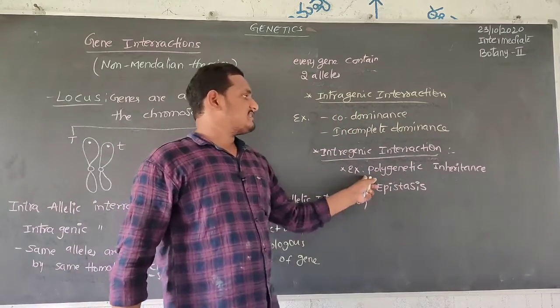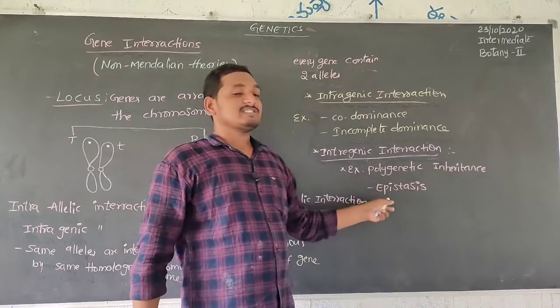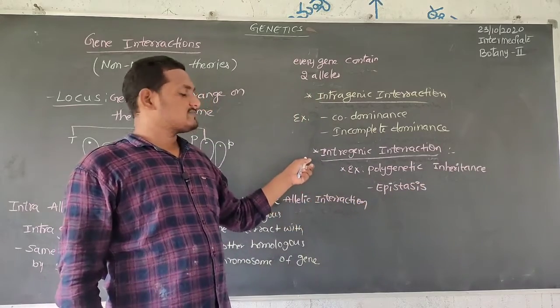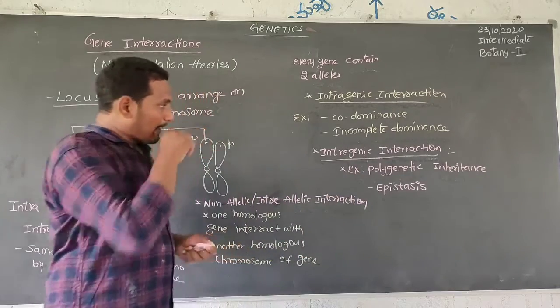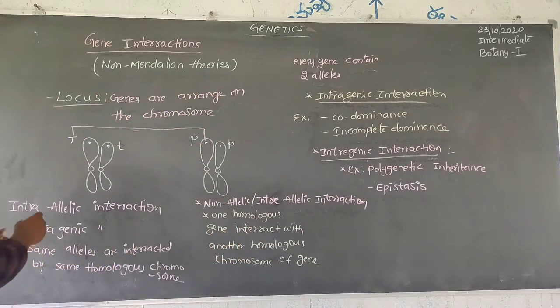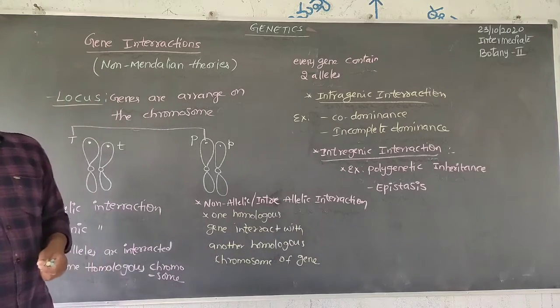So polygenic inheritance and epistasis are the two examples that come under intergenic interactions. So first of all we need to take up intra-allelic interaction or intragenic interaction.